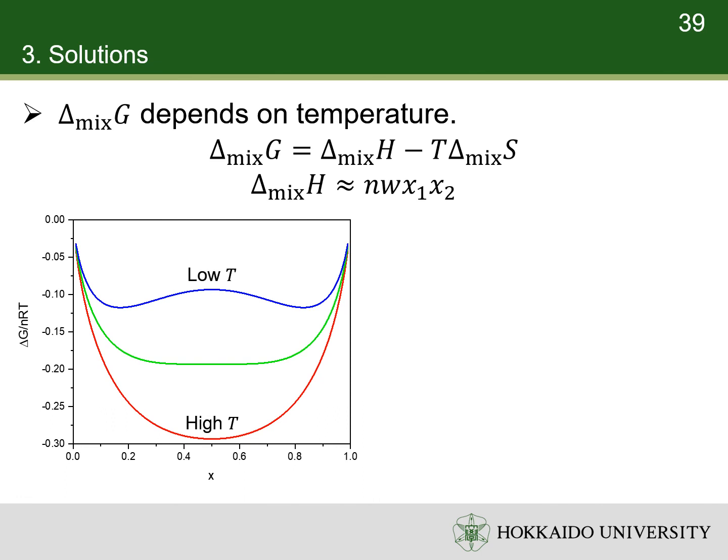On the other hand, at low temperature, the Gibbs free energy of mixing shows two minima. That means, at a fraction near 0.5, the Gibbs free energy of mixing is higher than two separate solutions with fraction x prime and x double prime. Therefore, the mixture separates into two phases spontaneously, and the substances are immiscible.